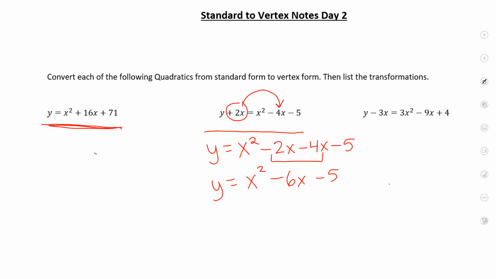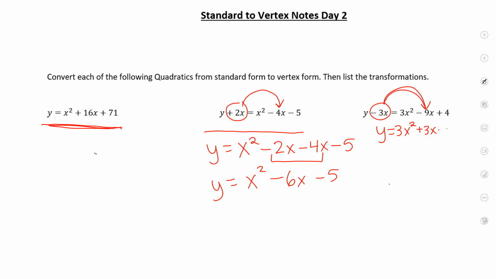Now for this one, what should I do? I'm going to have to move this to this side as well. Here it's a minus 3x, so when I move it to this side, it will be a plus 3x, okay? So I'm going to have y equals 3x squared plus 3x, because I moved it and the sign changes.